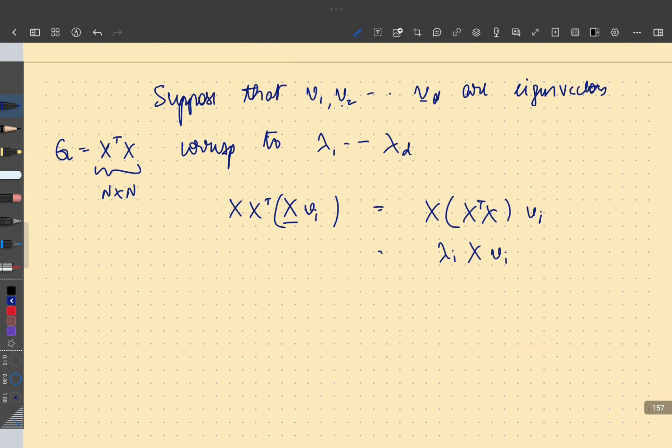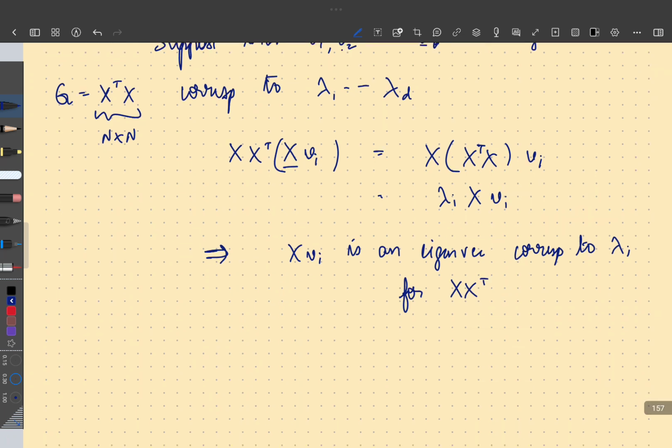So that's number one: X Vi is an eigenvector corresponding to lambda i for the matrix X X transpose.